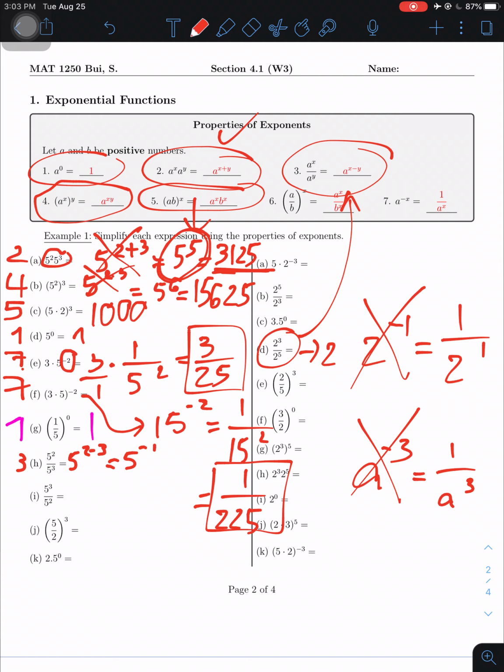Okay, and because we have a negative exponent, and like the examples I told you from the beginning, if you stop right there in the test, I'm going to mark you off because I really hate exponents that are negative. Okay, so we're going to use property 7 in there to switch this negative exponent to a positive exponent.